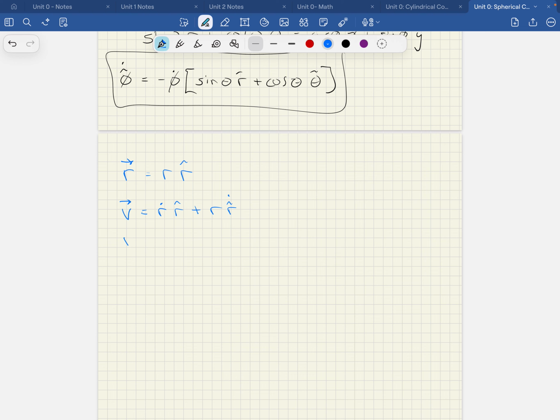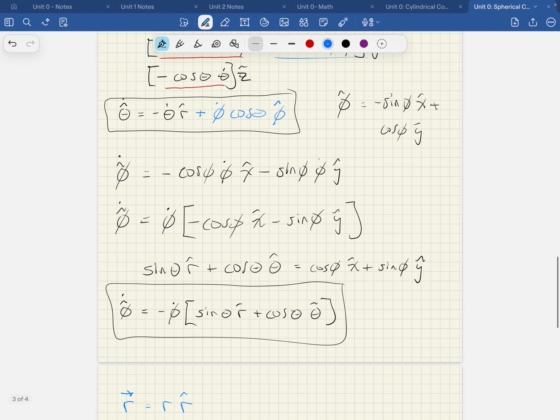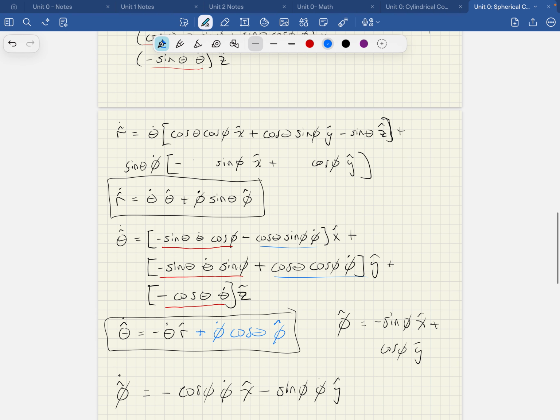The r dot r hat term is the speed with which r is increasing in the r hat direction, which makes perfect sense. That's what any of us would have guessed. If r increased, there'd be a velocity component in the r hat direction, plus r times the r hat dot vector, which is this guy.